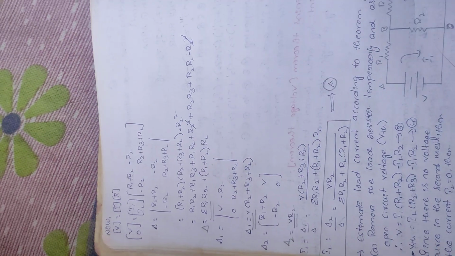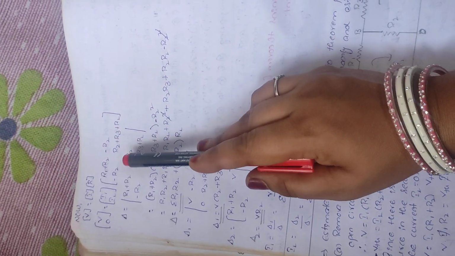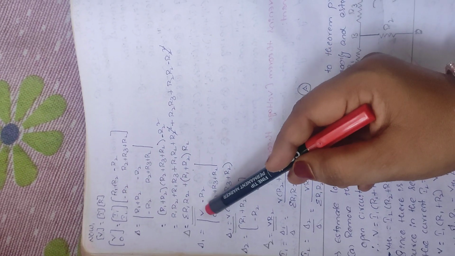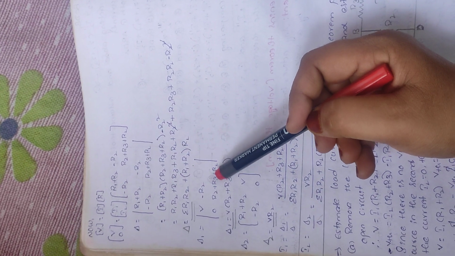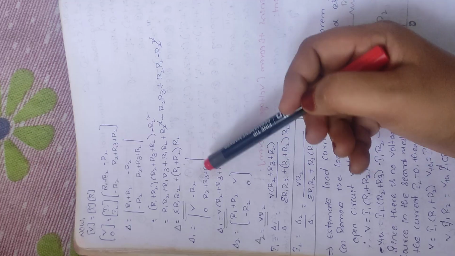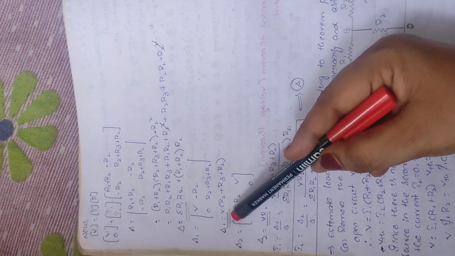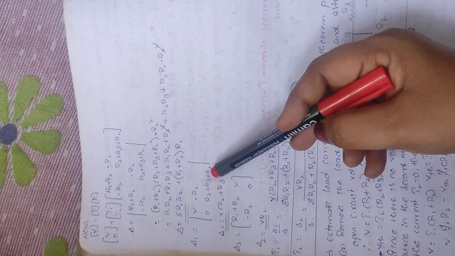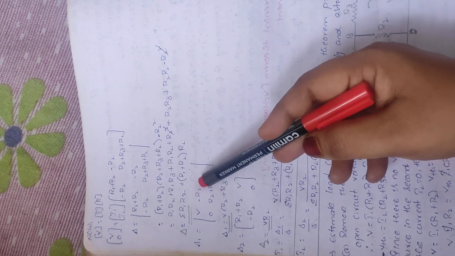Delta 1 is obtained by replacing the first column by V and 0, while the second column remains the same, minus R2 and R2 plus R3 plus RL. Delta 1 is equal to AD minus BC, that is V into (R2 plus R3 plus RL) minus BC, which is 0 into anything, 0.